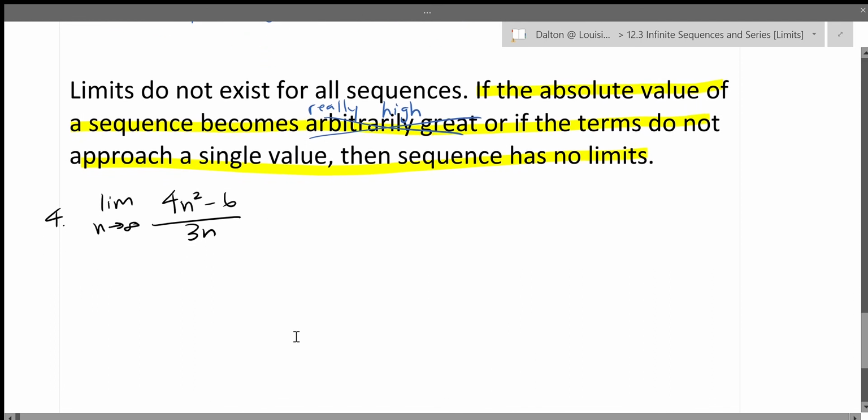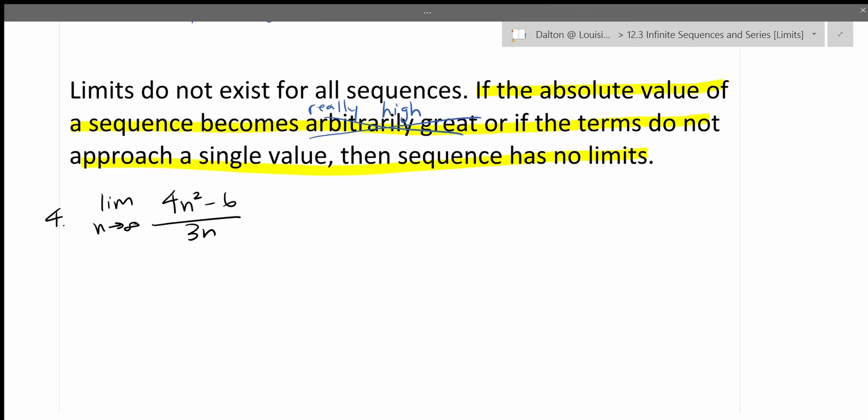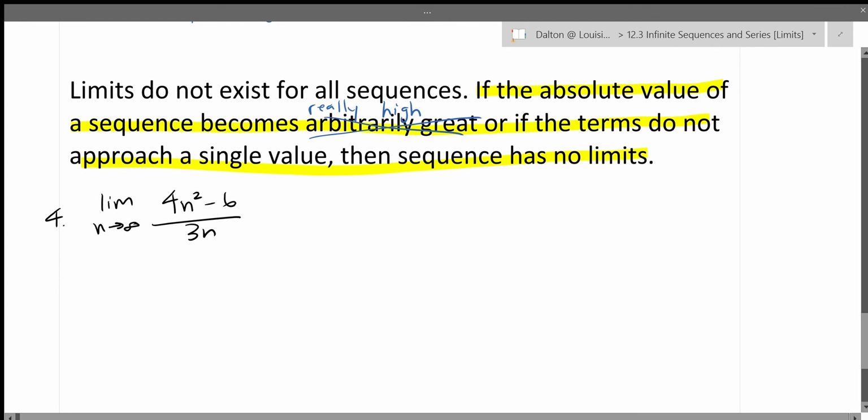So again, we know limits of constants and 1 over n squared, or n to any kind of exponent. But let's go ahead and split up our terms. So this is the same thing as the limit as n approaches infinity of 4n squared over 3n minus 6 over 3n.